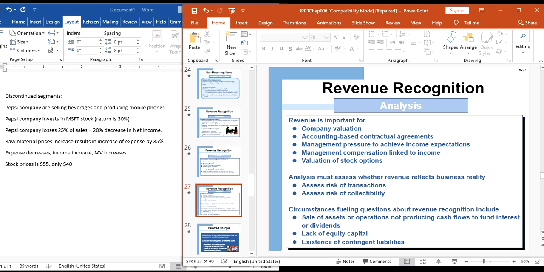analyzing revenues of the company, 2 points are very, very important. Assessing the risk of transactions and assessing the risk of collectibility.